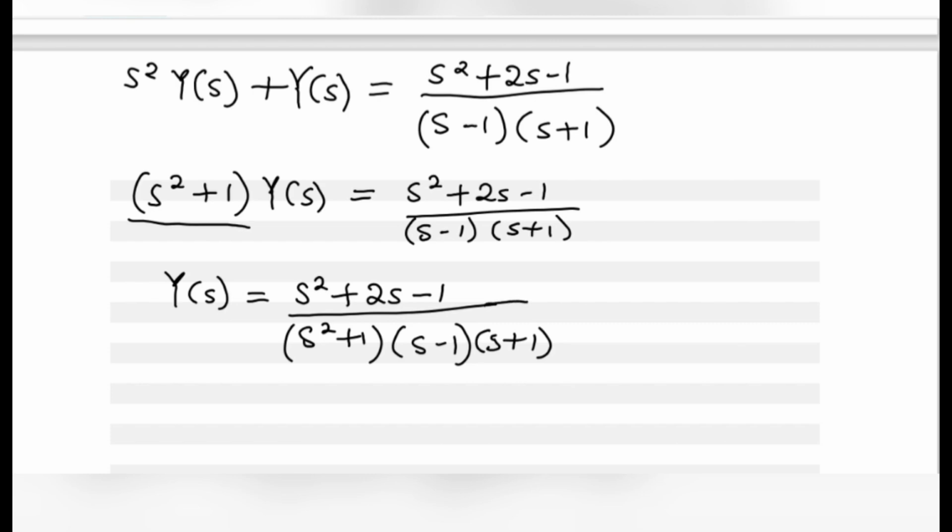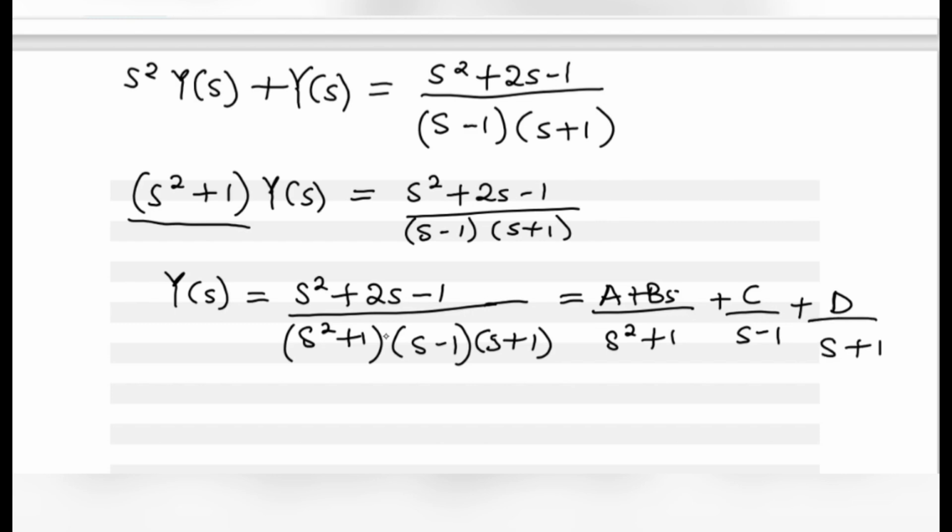And remember, our partial fraction will want this to be in this form: (a plus b s) over s squared plus 1, plus c over s minus 1, plus d over s plus 1.